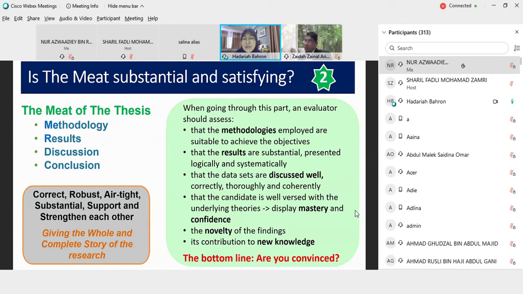And the novelty of the finding will have to be apparent when reading this meat of the thesis. And there must be a contribution to new knowledge.